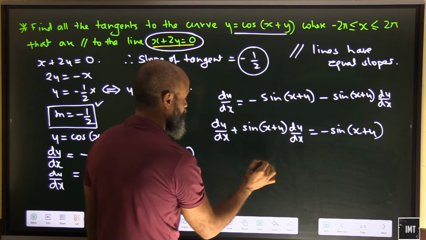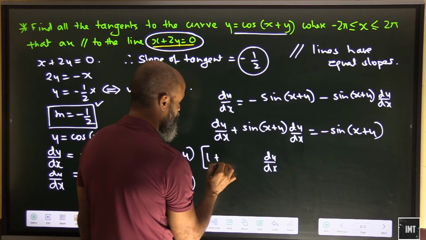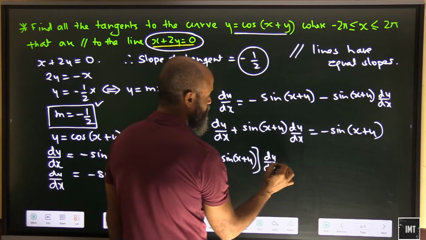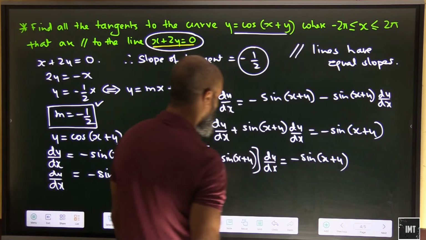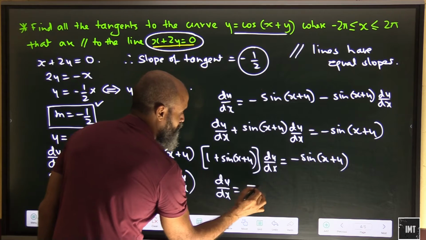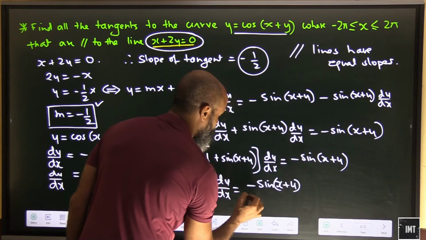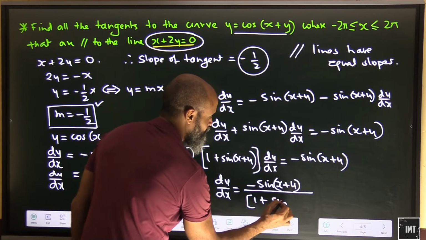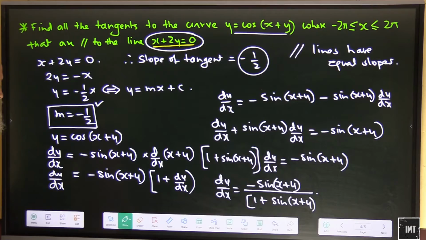So that will be dy by dx into (1 plus sin(x plus y)) is equal to minus sin(x plus y). Okay, so here dy by dx will be equal to minus sin(x plus y) upon 1 plus sin(x plus y).